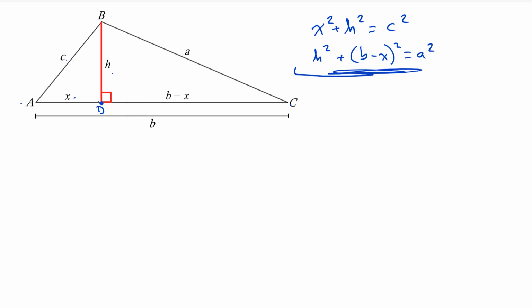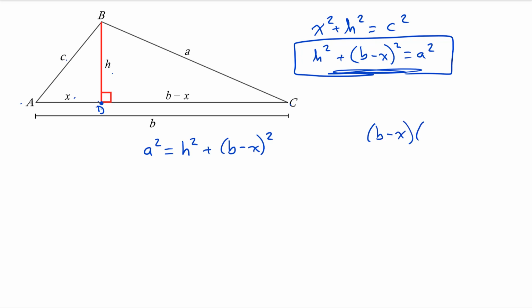Let's begin with this second one. We'll come back and use that first equality in a few minutes. So we have a squared equals h squared plus b minus x squared. Now let's expand b minus x squared. This is b minus x times b minus x, so that's b squared minus bx plus x squared, if you remember how to expand the product of binomials.